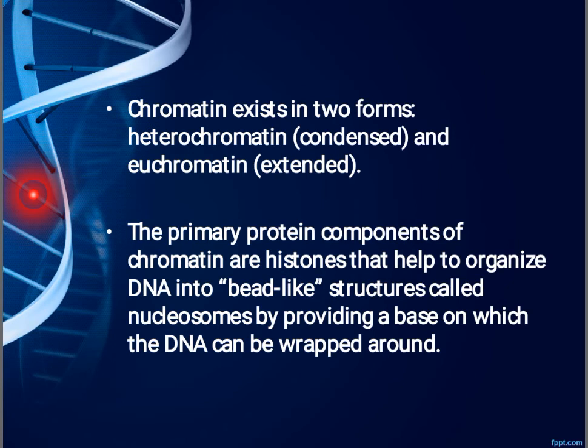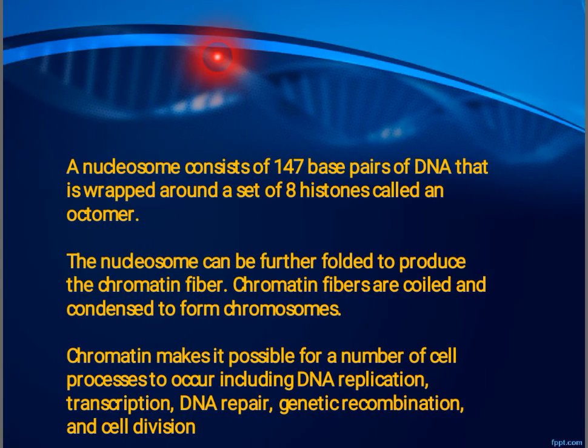In previous diagram, I have shown you the structure of nucleosomes also. So now a nucleosome consists of 147 base pairs of DNA that are wrapped around a set of 8 histones, and it is called as octamer.